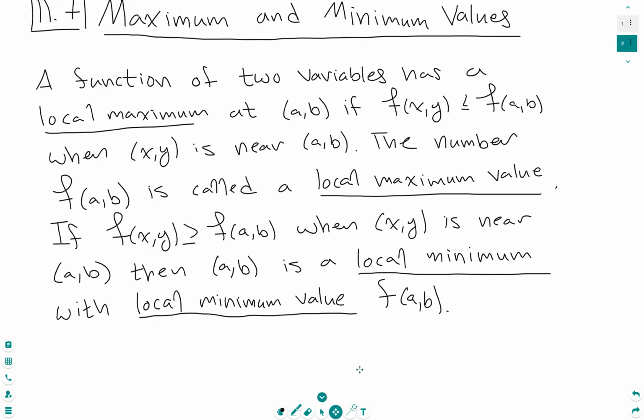Okay, so that seems kind of self-explanatory when you're thinking about local max and mins. Everything in a small neighborhood around it is either smaller or equal to it in terms of a local maximum, or greater than or equal to it in terms of a local minimum.